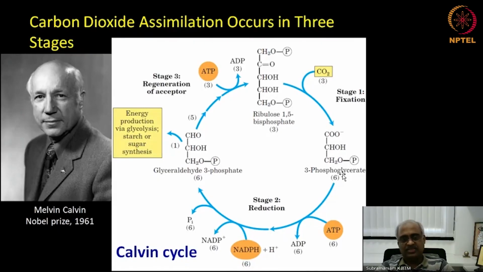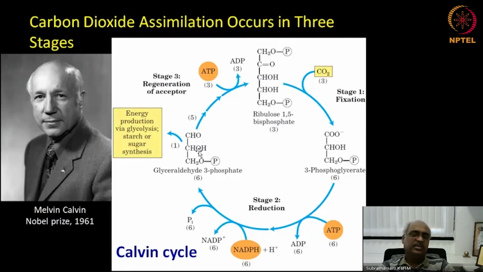This is a reduction reaction because carboxylic group goes to aldehyde group. So that's a reduction, carboxylic acid to aldehyde group. In glycolysis, we saw aldehyde becoming carboxylic acid and therefore we called it oxidation. That's a dehydrogenation reaction as well. Here it is the opposite of that, so therefore we call this reduction. That's the second step.